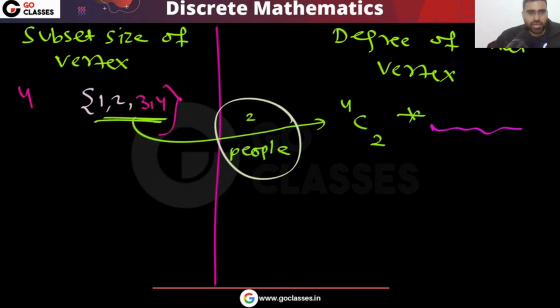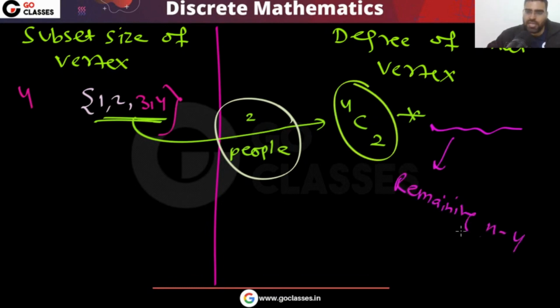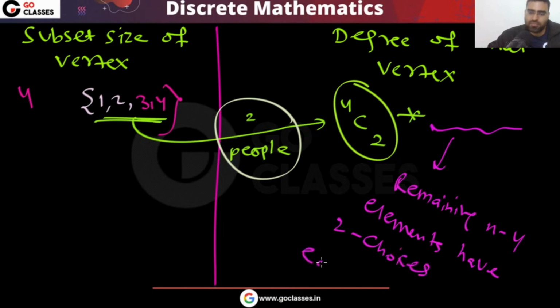So you can only take two people. After that, again the same thing happens: the remaining n minus 4 elements have two choices each.